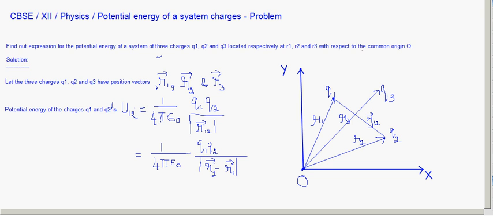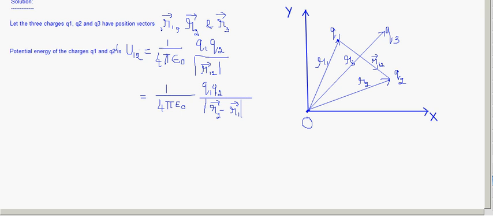Similarly, the potential energy of charges Q2 and Q3 is U23.